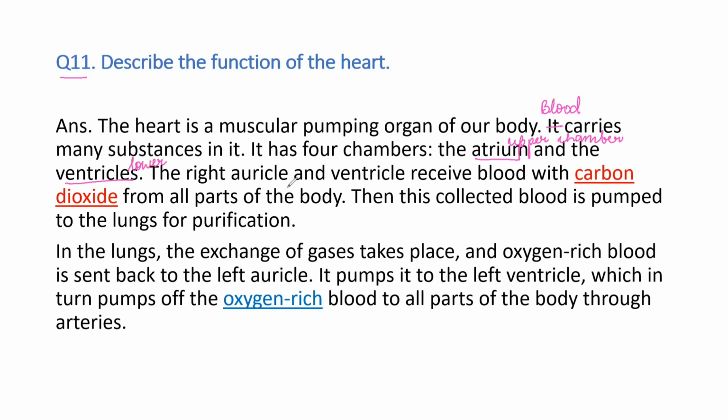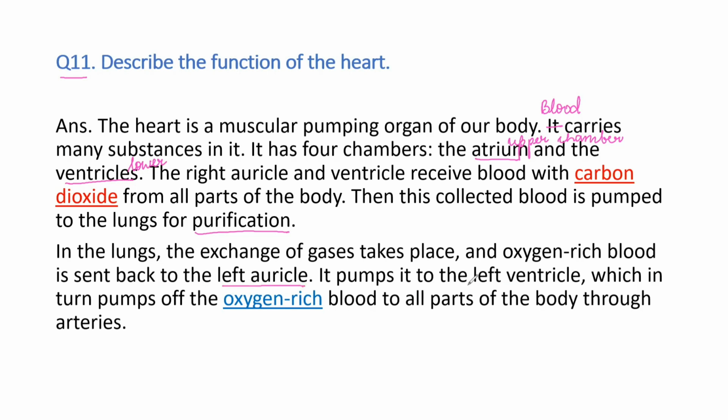So the right auricle or the atrium and ventricle receive the blood with carbon dioxide from all the parts of the body. Then this collected blood is pumped to the lungs for purification. In the lungs, the exchange of gases will take place. Now, oxygen-rich blood is sent to the left atrium or the left auricle.